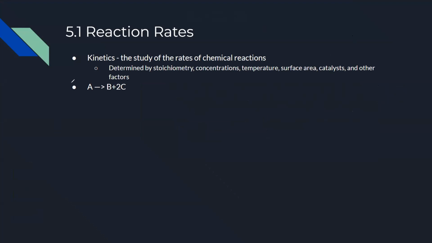So what we have right here is a simple equation. And what we're going to do for basic kinetics is find the rate of disappearance and the rate of appearance of this equation. So let's just draw a simple line graph where we have concentration as our y and time as our x-axis.